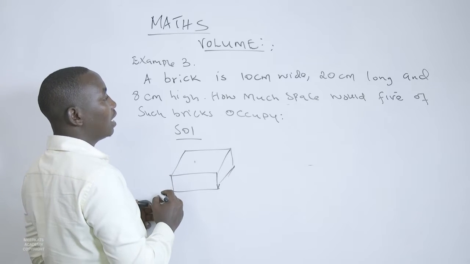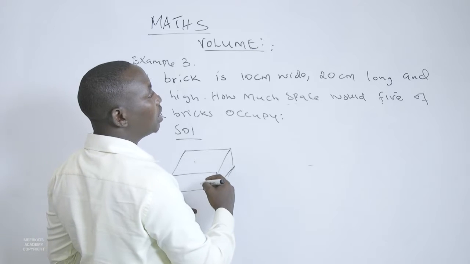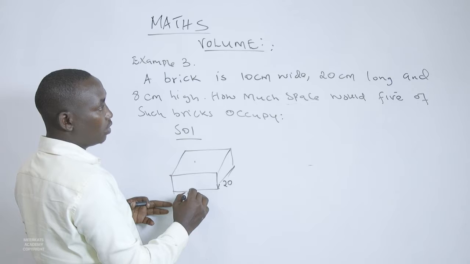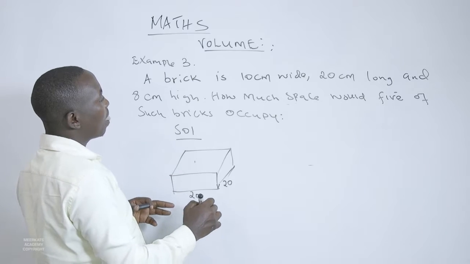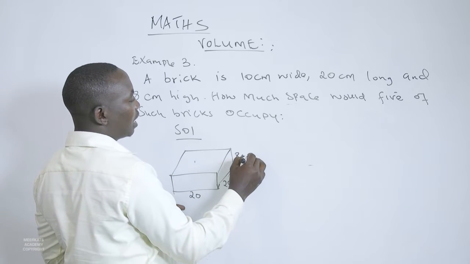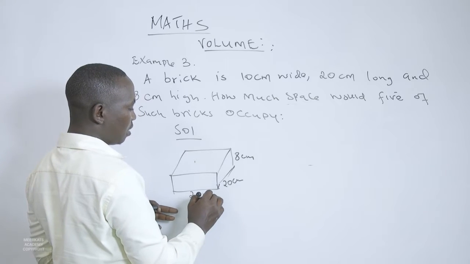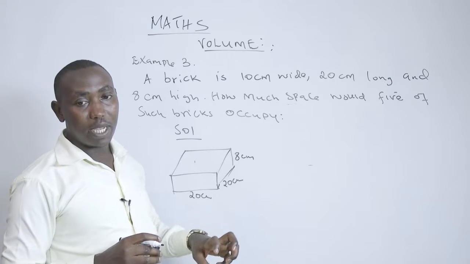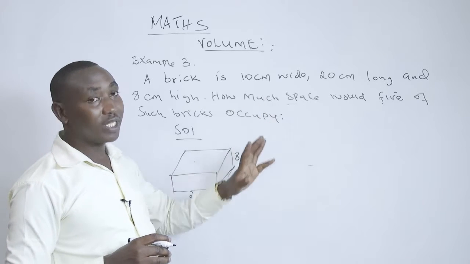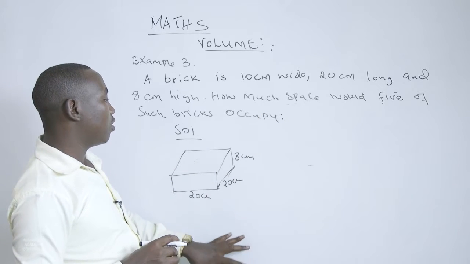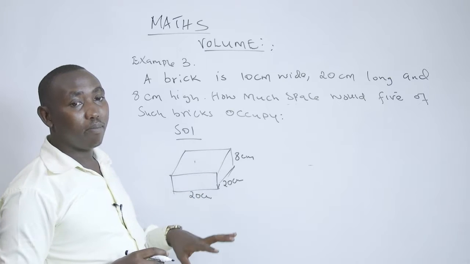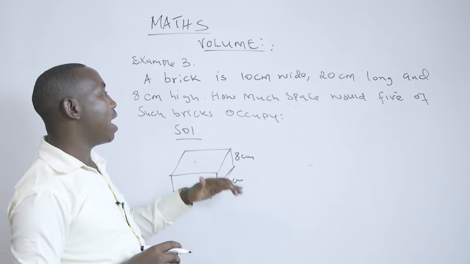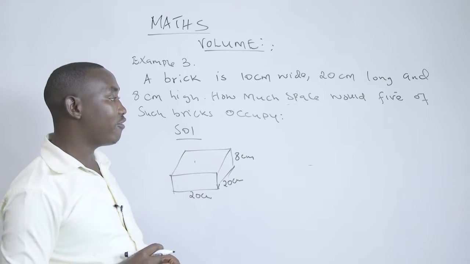We have been told that it is 10 centimeters wide, 20 centimeters long, and 8 centimeters high. And then we've been asked to calculate how much space will be occupied by 5 such bricks. That means you must first get the volume occupied by one brick, then because there are 5 and all of them are equal, we multiply by 5.